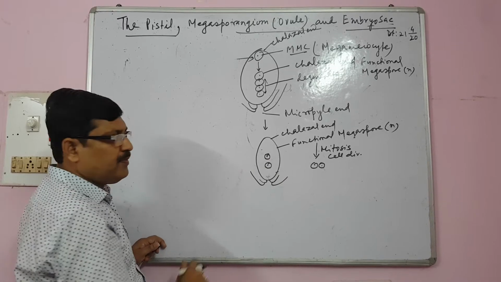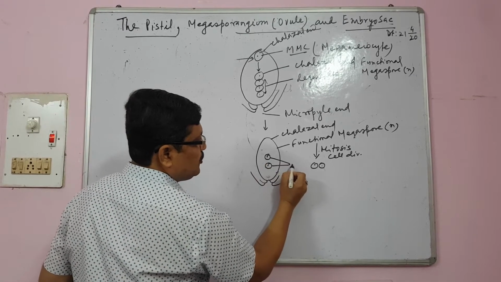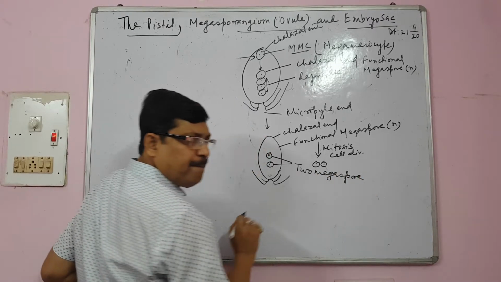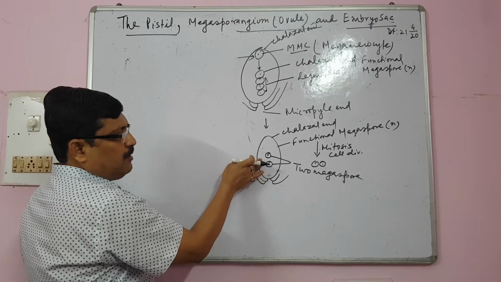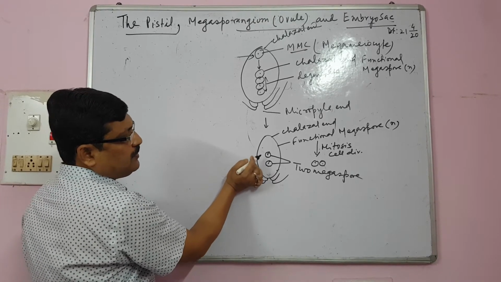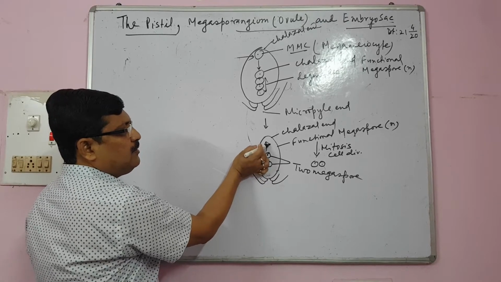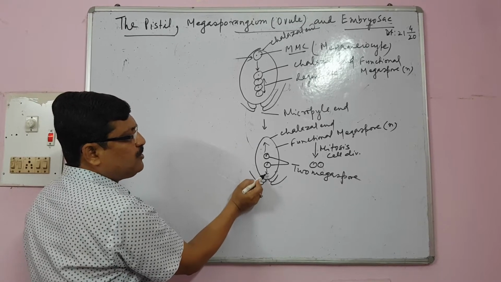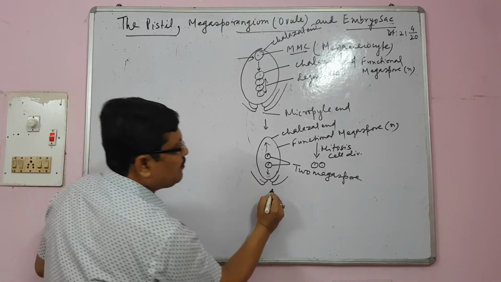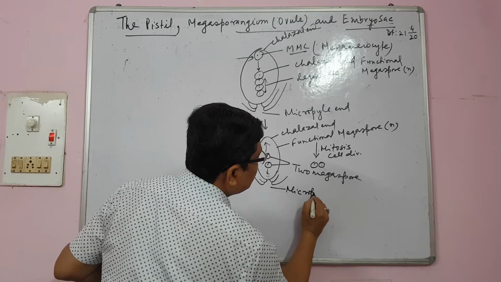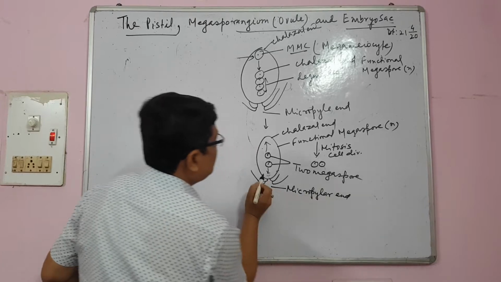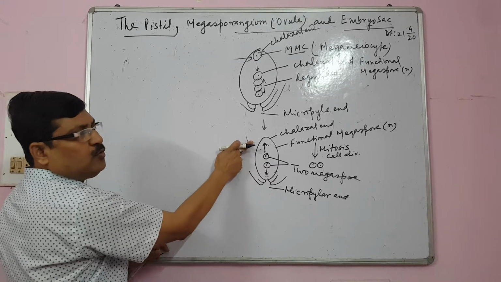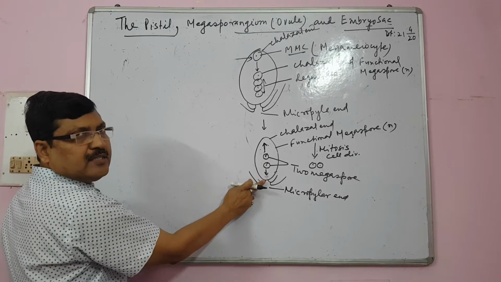Out of the two, each one will shift towards the opposite end: one will shift towards the chalazal end and another will shift towards the micropylar end.